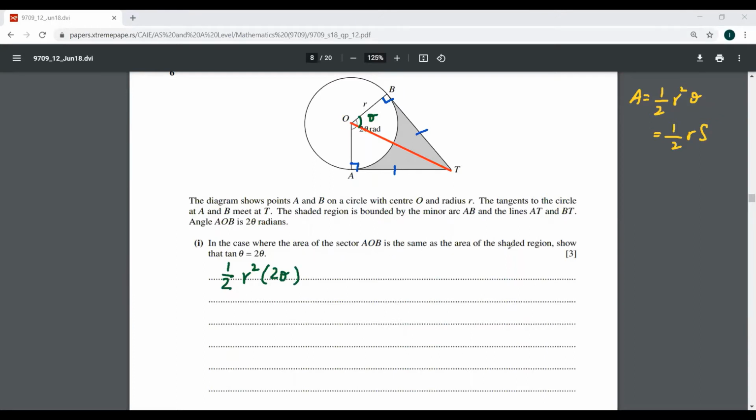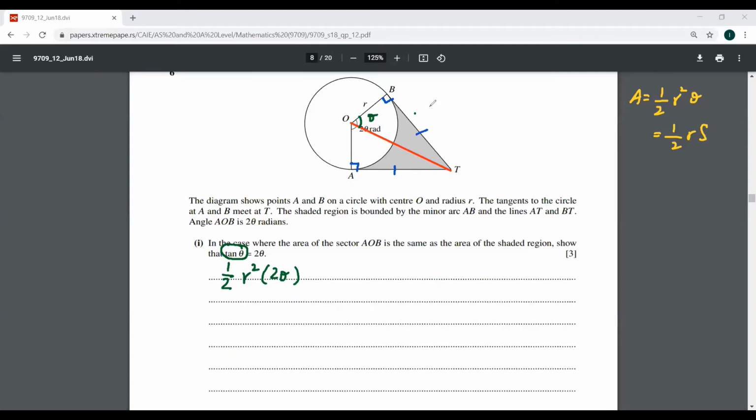is the same as the area of the shaded region. So the area of the shaded region is going to be, look, I have to bring in this tan theta into it. So I will intentionally be writing this in terms of sine or cos, okay? So for the area of the kite, can I write this as r tan theta over here? Why?